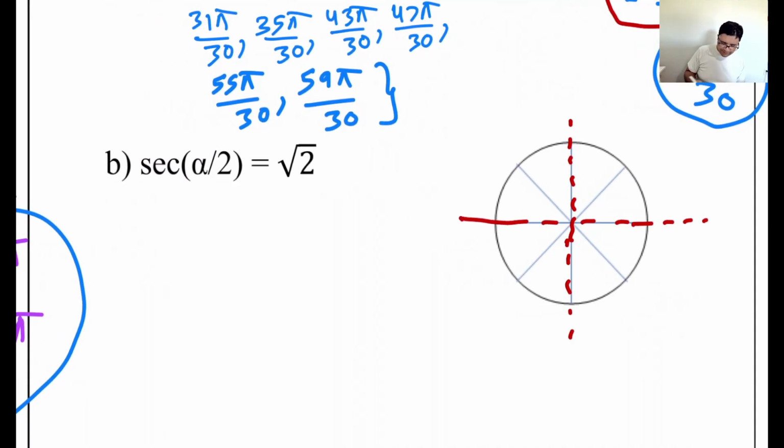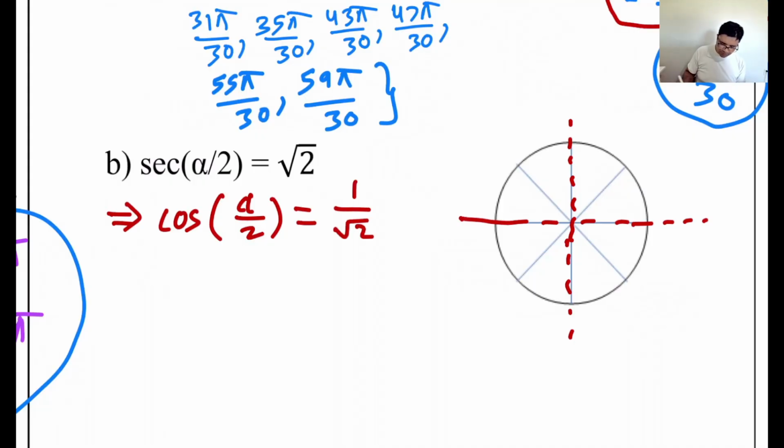Now, if you know already, you can directly write in terms of sec also, but we do it in terms of cos because that's what we memorize often. So here you would say cos alpha over 2 is equal to 1 over root 2, the reciprocal, and that is the same as root 2 over 2.